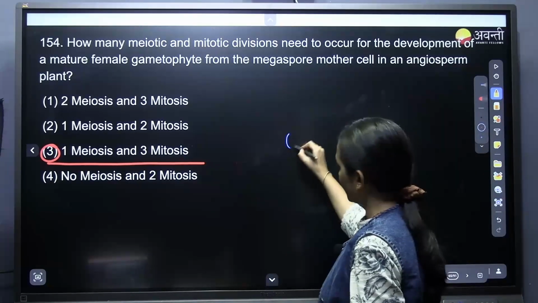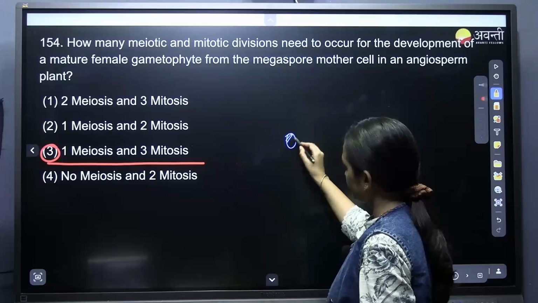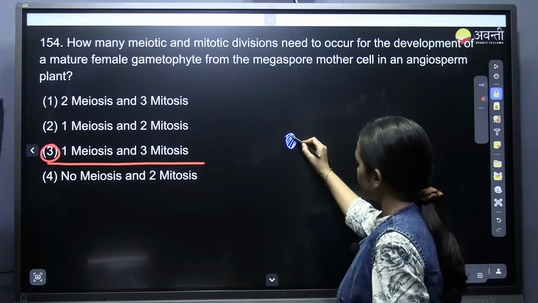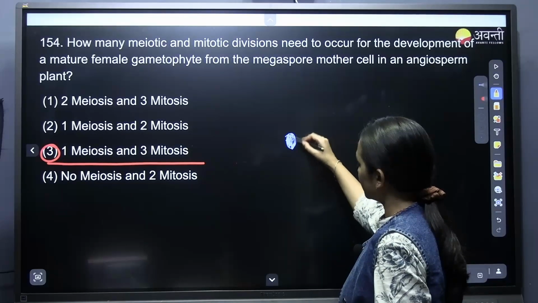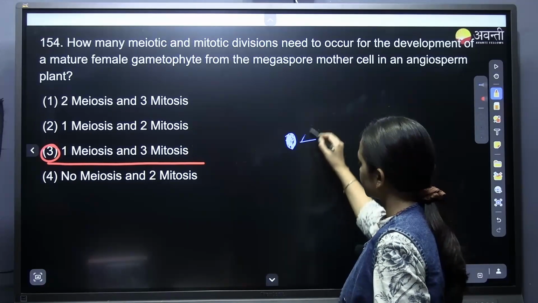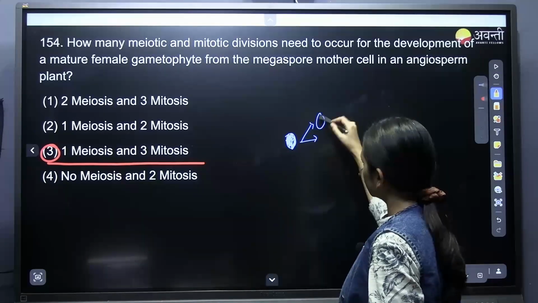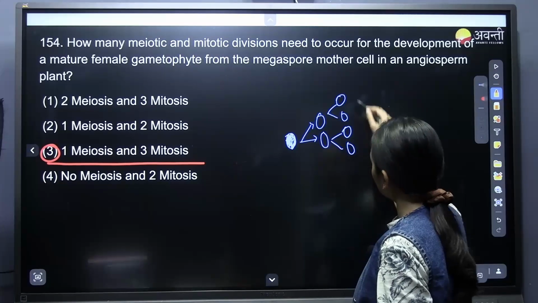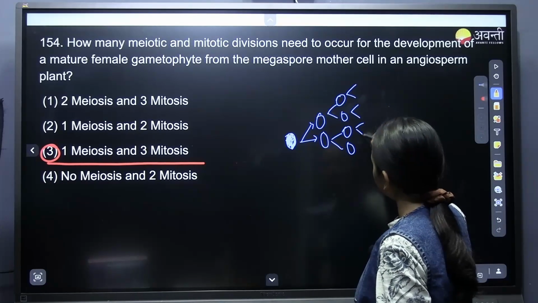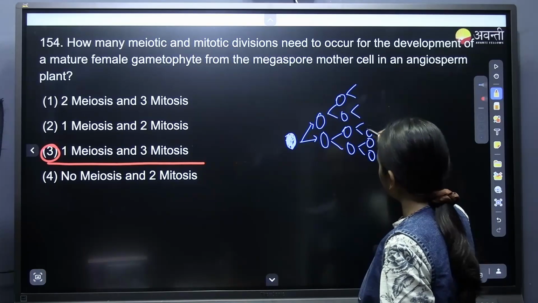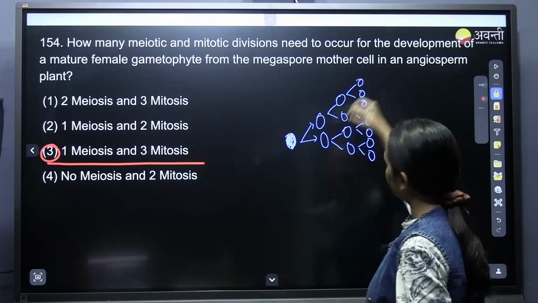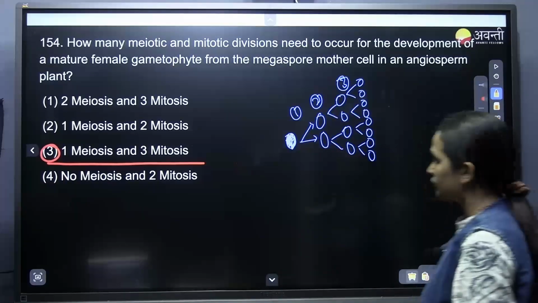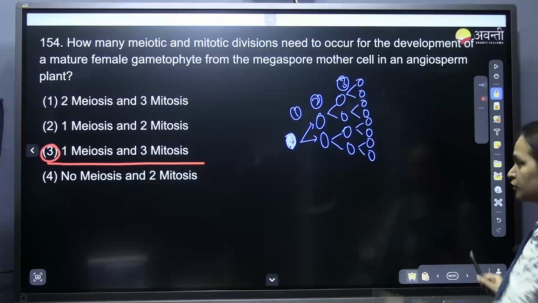After one meiosis, one functional megaspore will be produced, and with the first mitosis it will become 2, the second mitosis it will become 4, and the third mitosis they become 8. So, 1, 2 and 3 consecutive mitosis take place, 1 meiosis and 3 mitosis.